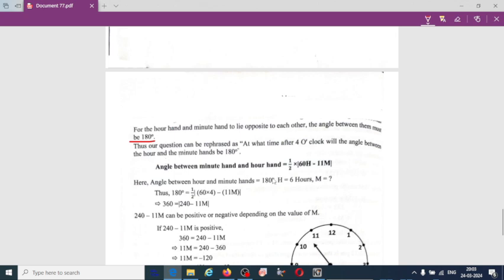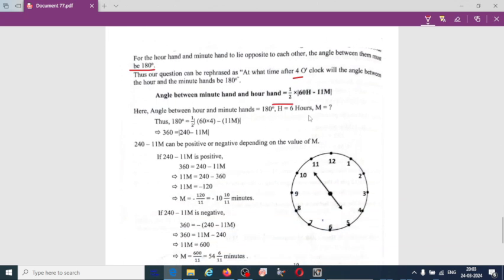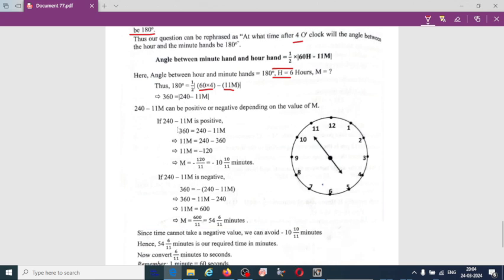Then write down here the standard formula, and the hour is 4. So you need to find out here the minute. Then if you substitute the angle 180 degree and hour, 30 times 4 minus 11 by 2 m. Okay, then if you simplify, this m may be, as we know, positive or negative.